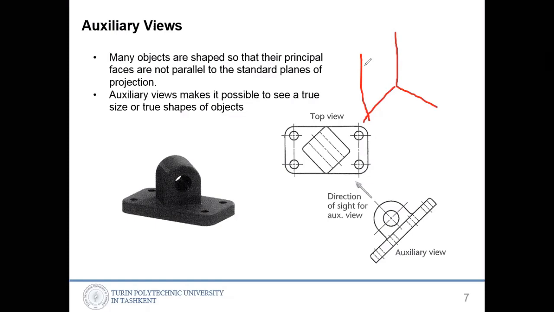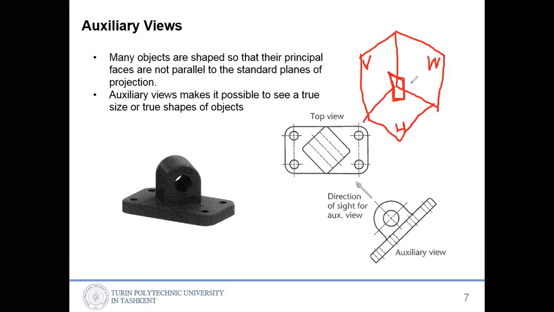If you see in the space, there are 3 planes. H plane is the horizontal projection plane, the frontal projection plane is V, and the profile projection plane is W. So some sides of the object might be parallel with one of these, but in some cases the side of the part might not be parallel with any of them.